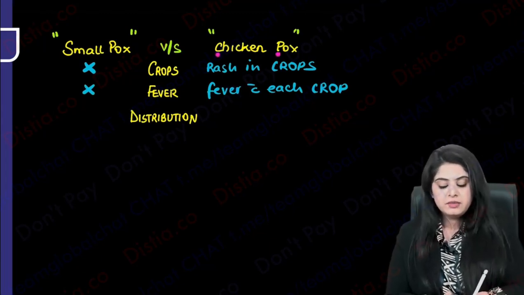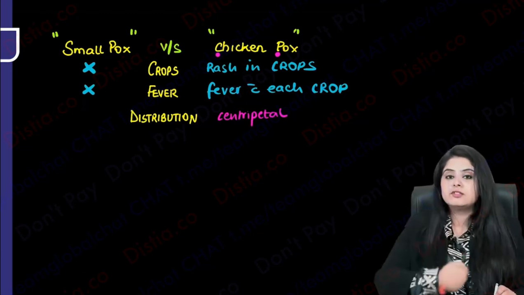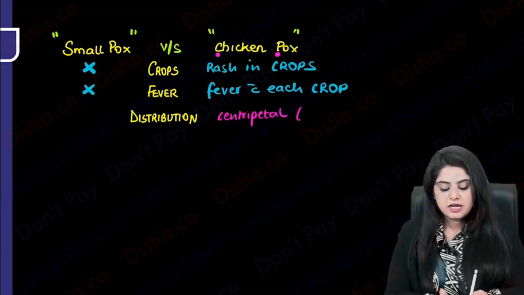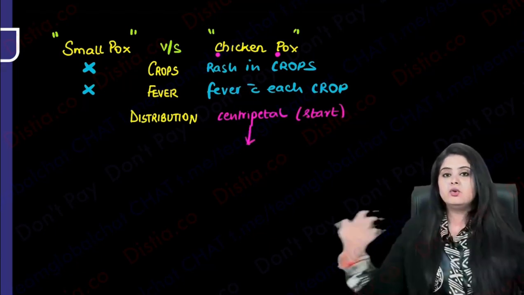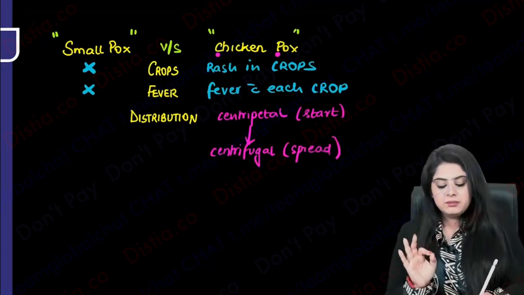So we had learned CP mein CP: the initial part of chickenpox is going to be centripetal. Centripetal means it is going to start on the trunk. So the starting is centripetal and after the trunk it will go outside to our extremities. So the spread is then going to be centrifugal. So remember CP mein CP.